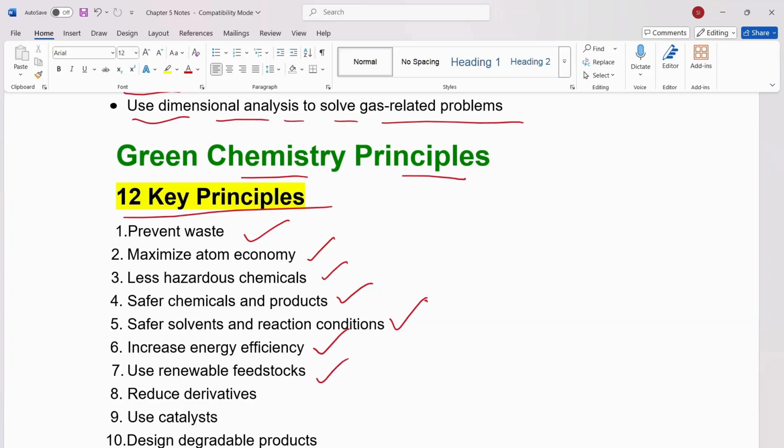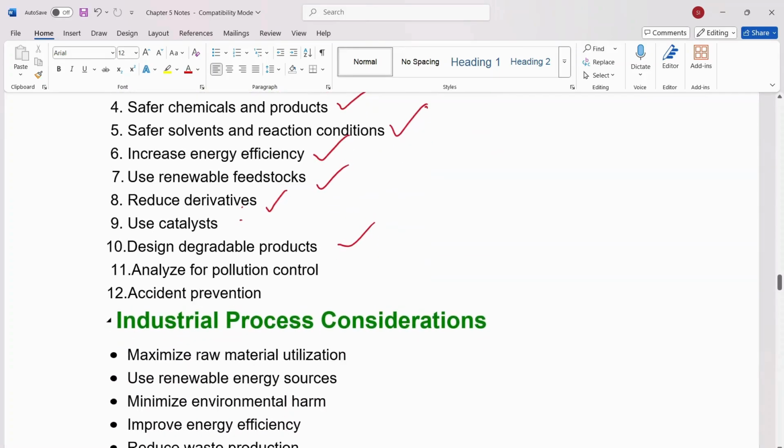Number 7, use renewable feedstocks. Number 8, reduce derivatives. Number 9, use catalysts. Number 10, design degradable products. Number 11, analyze for pollution control. And number 12 is accident prevention.